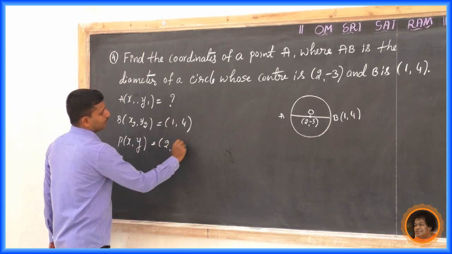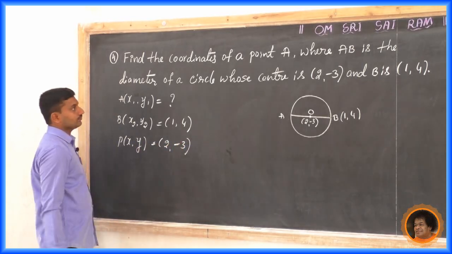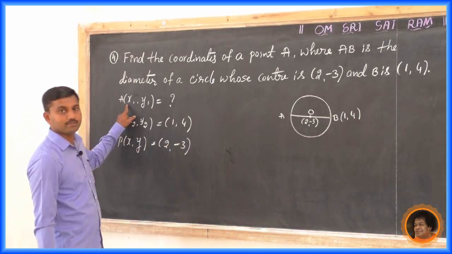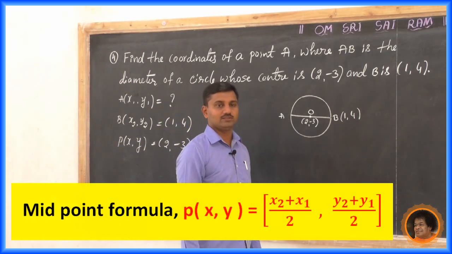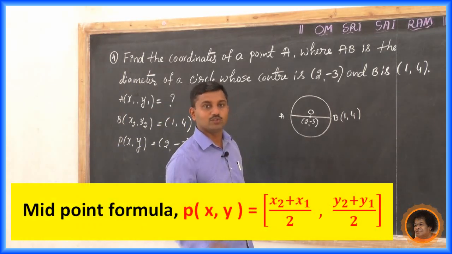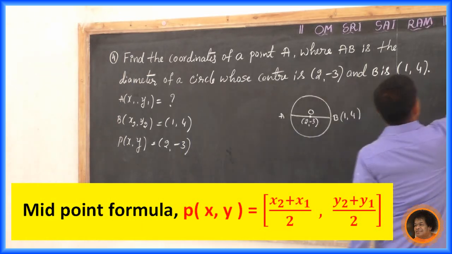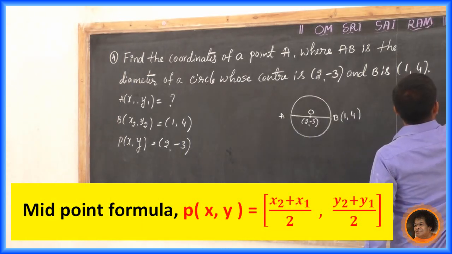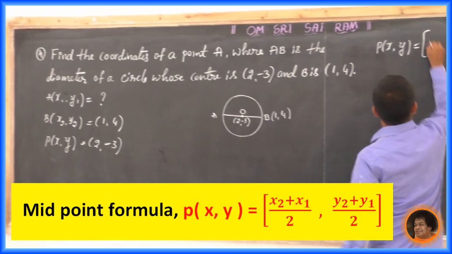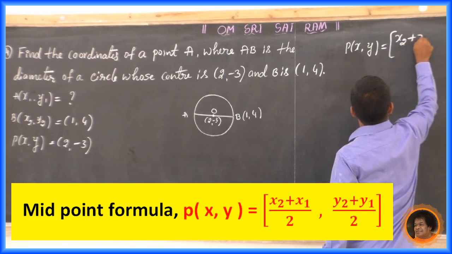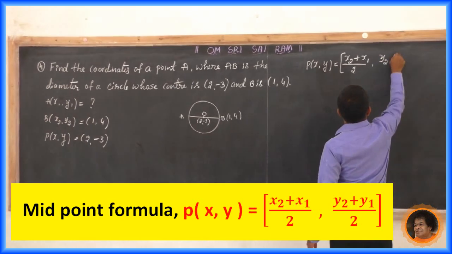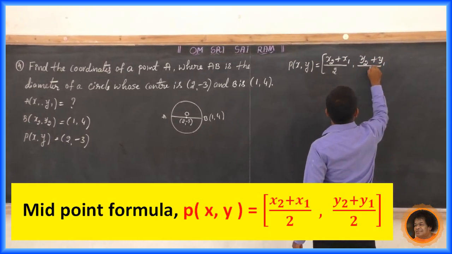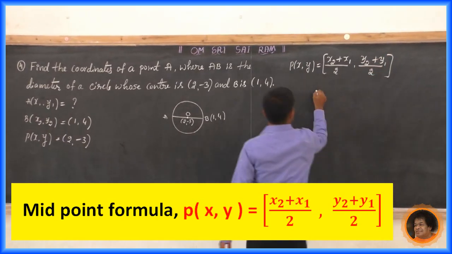Find the coordinates of the point A by using the midpoint formula. So what is the midpoint formula? P of x comma y equals x2 plus x1 divided by 2 comma y2 plus y1 divided by 2. Now substitute the values.